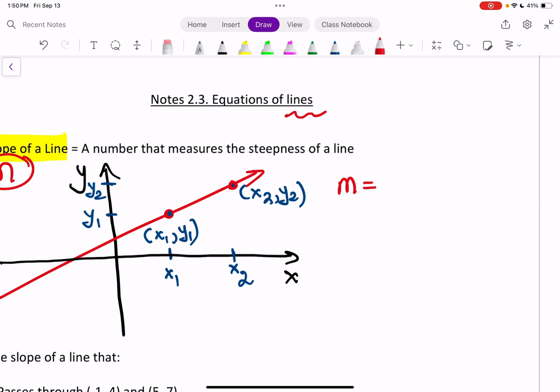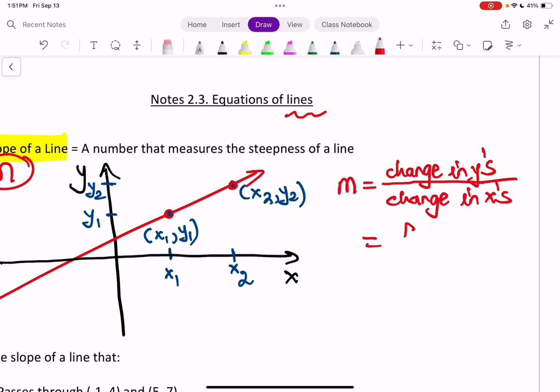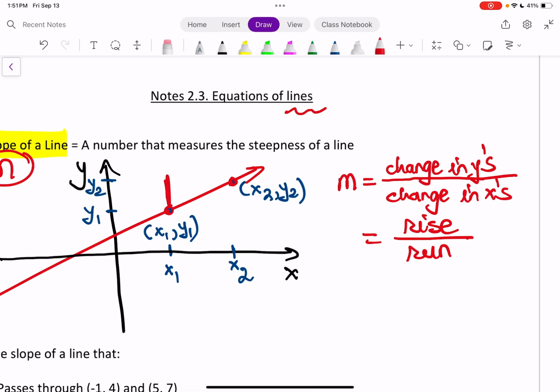So anytime we're going to say find the slope, we're going to write m equals, right? M for slope. So the slope, m, simply measures the change in the y's versus the change in the x's. In other words, it measures the rise in the line with respect to the run in the line. So if I go from this point to this point, how far up did I have to go versus how far to the right?